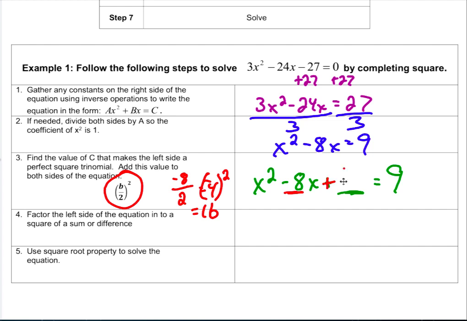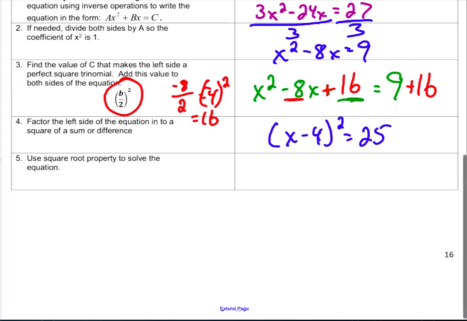So I'm going to add 16 to this side to make it a perfect square. But I have to do the same thing to the other side as well. I got to treat both sides equally. So x squared minus 8x plus 16 factors into x minus 4 squared, and 9 plus 16 is 25.